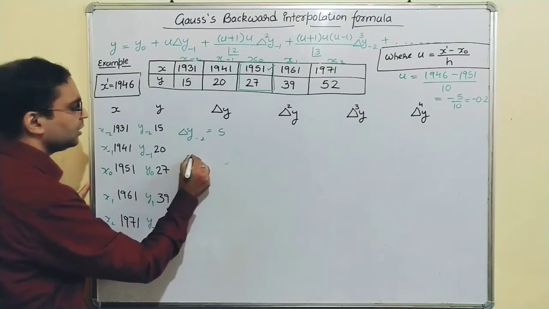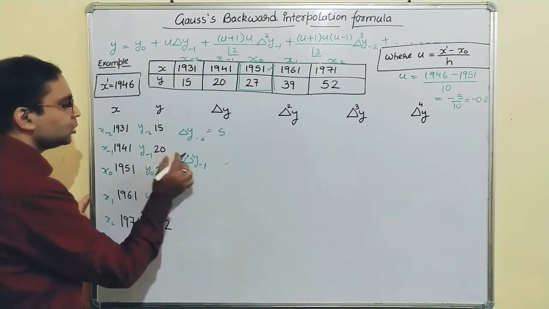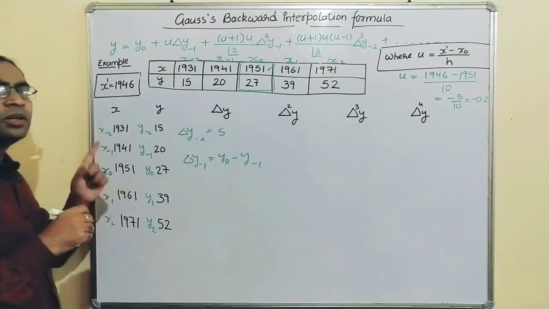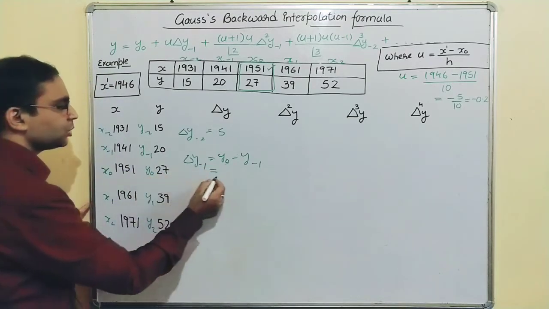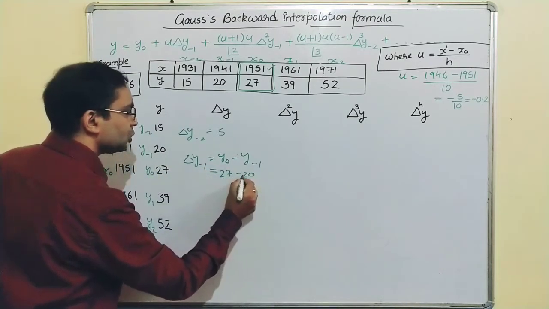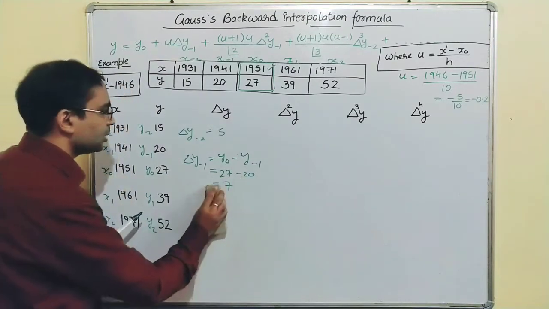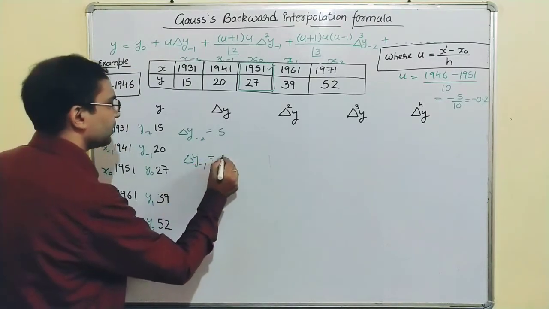Next is del y minus 1. This will be y0 minus y minus 1, using the forward del definition. So what is y0? This is 27 minus 20 comes to be 7. So let me write here del y minus 1 as equal to 7.